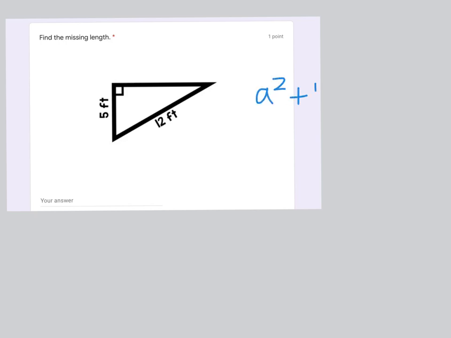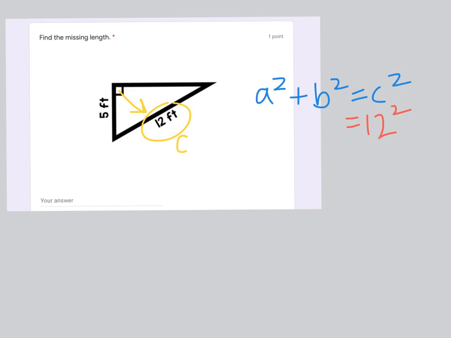Remember, all week we're using the Pythagorean theorem, a squared plus b squared equals c squared. What's special about these this week is that across from the right angle, we have the letter c. So in our formula, under the letter c, we're going to substitute that longest side, the hypotenuse. In this case, it's 12.